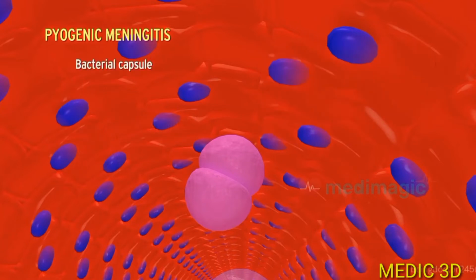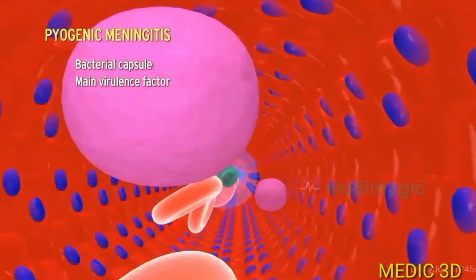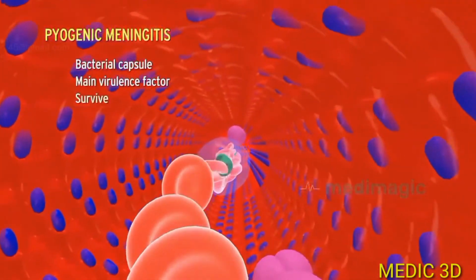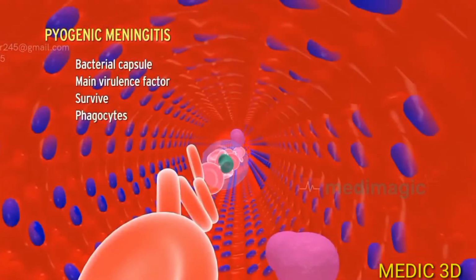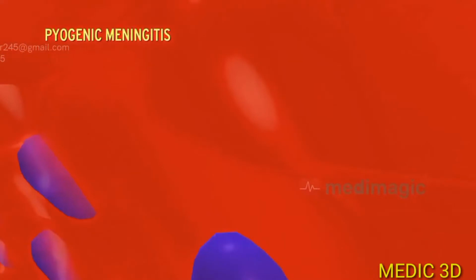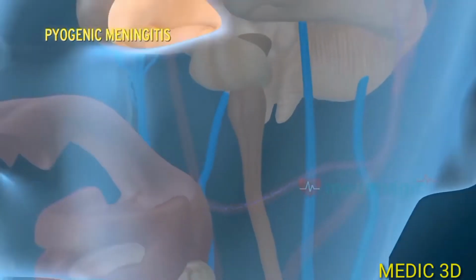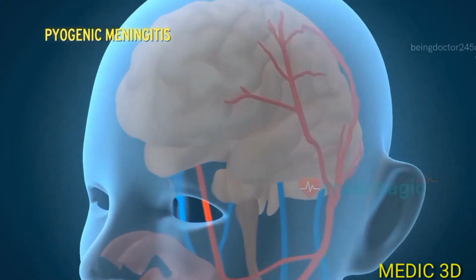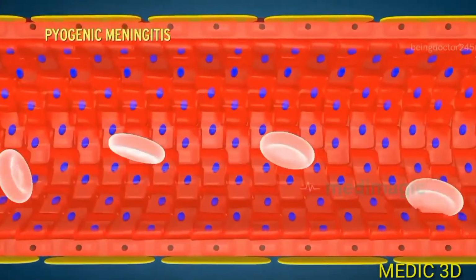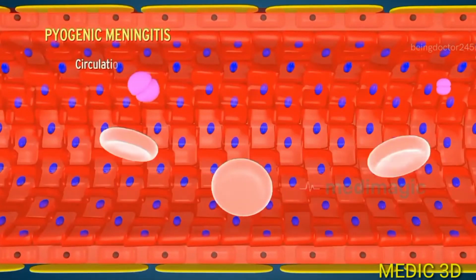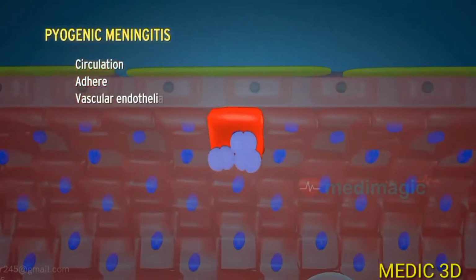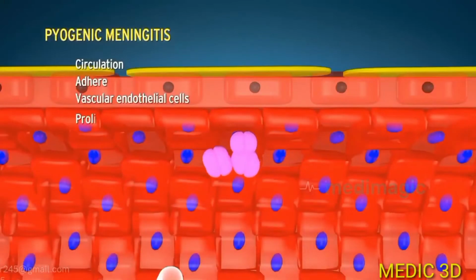The bacterial capsule is the main virulence factor because it helps the bacterial cells survive from phagocytes in the blood. In circulation, the cells are capable of adhering to the vascular endothelial cells and proliferation.